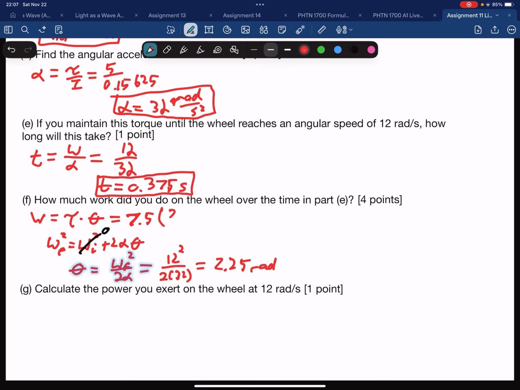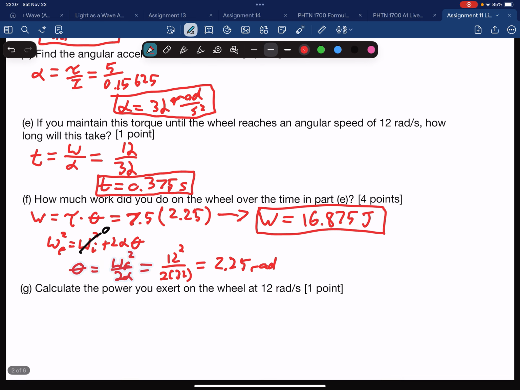Plugging that into my work equation here, I get a total work equal to 16.875 joules.